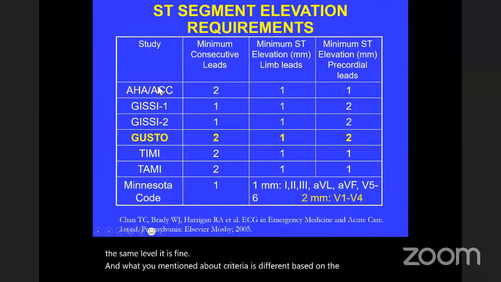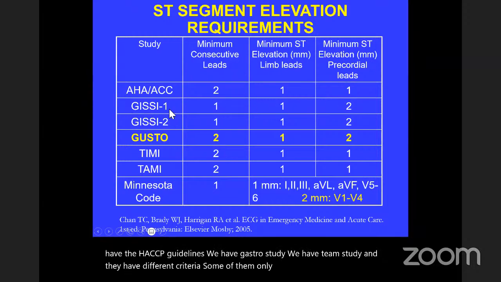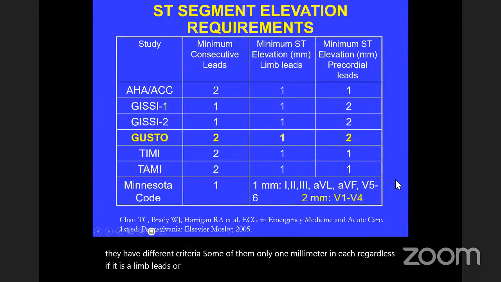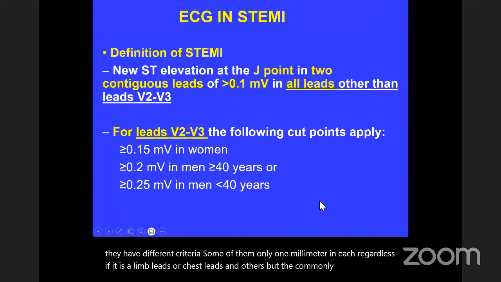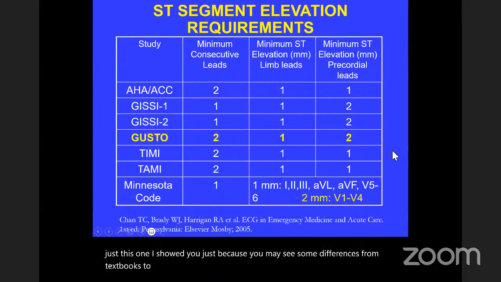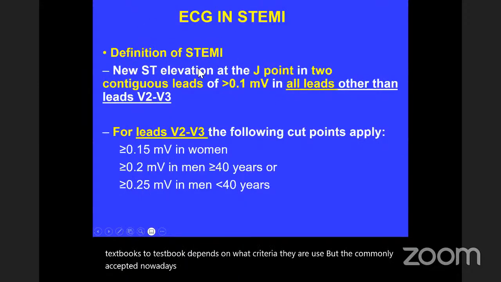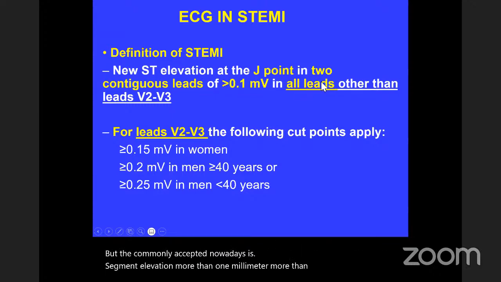So we have the AHA/ACC guidelines, we have the GUSTO study, we have the TIMI study, and they have different criteria. Some of them use only 1 millimeter in each, regardless of whether it is a limb lead or chest lead, and others differ. But the commonly accepted one, I'm showing you just because you may see some differences from textbook to textbook, depending on what criteria they used. The commonly accepted one nowadays is ST segment elevation more than 1 millimeter, more than 0.1 millivolt, in all leads except V2, V3.